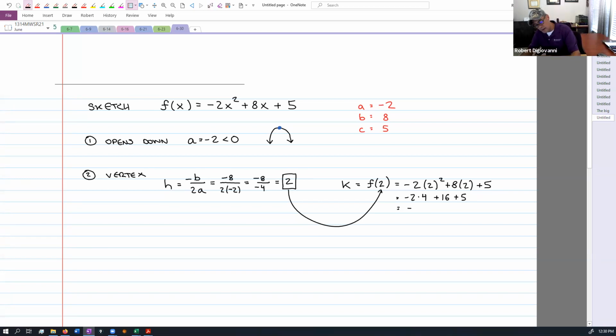We have -2 times 4 is -8 plus 16 plus 5. -8 and 16 is 8 plus 5, that gives us 13. So Tiffany, as a point, when we go to graph this, it's the point (2, 13). That makes sense to you, Tiffany? Okay, good. All right, Cheyenne, you're up.